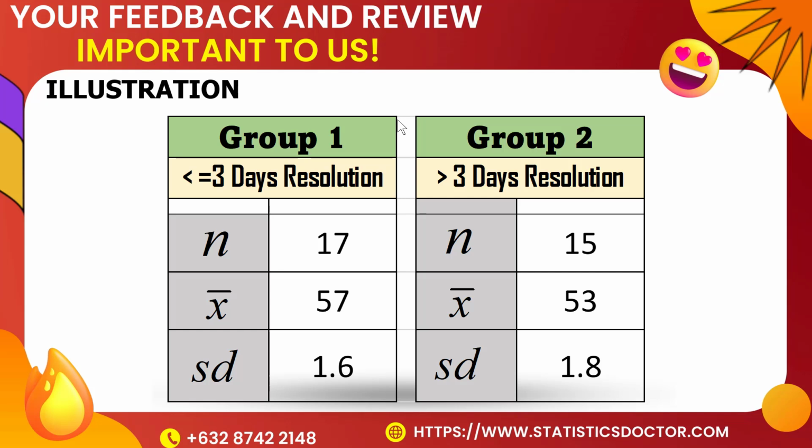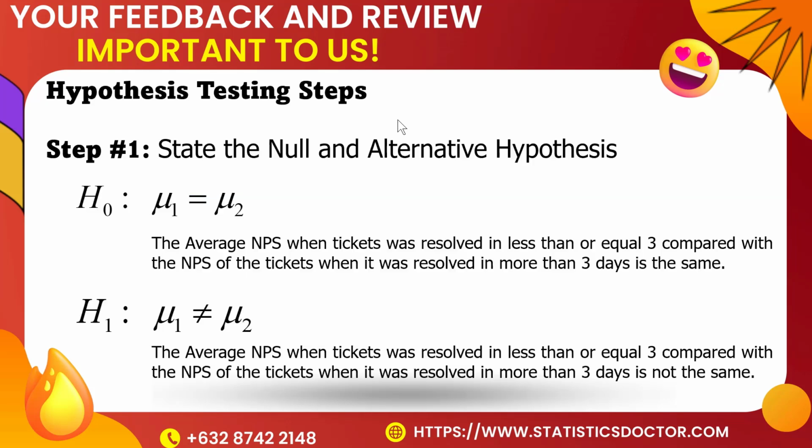In this case, the N for group 1 is 17 and for group 2 is 15. The average in group 1 is 57 and for group 2 is 53. The standard deviation for group 1 is 1.6 and the standard deviation for group 2 is 1.8. Alright, so these are the steps in hypothesis testing.